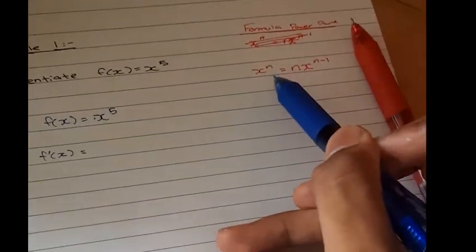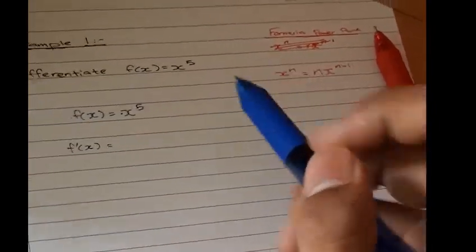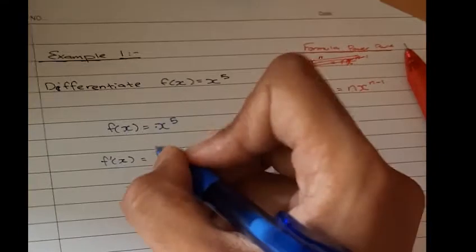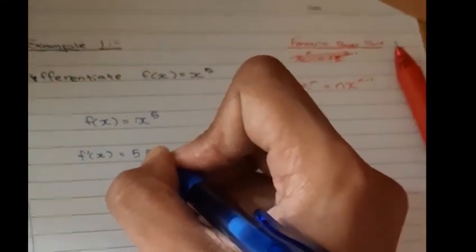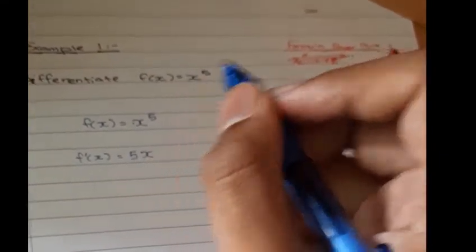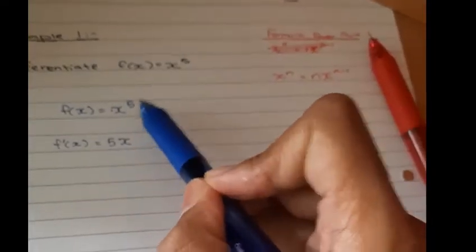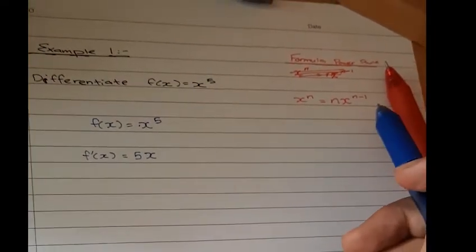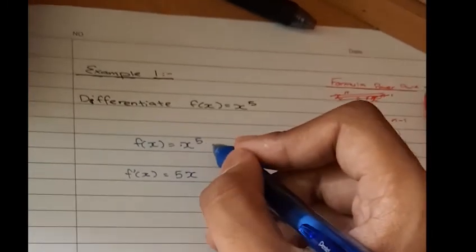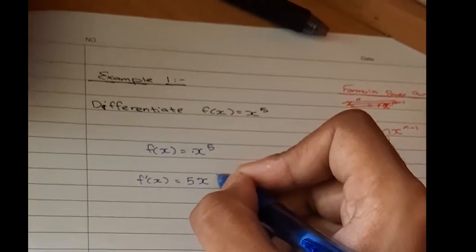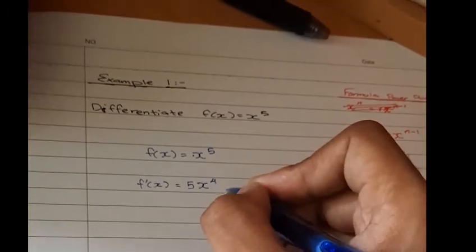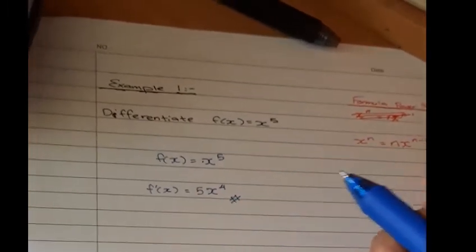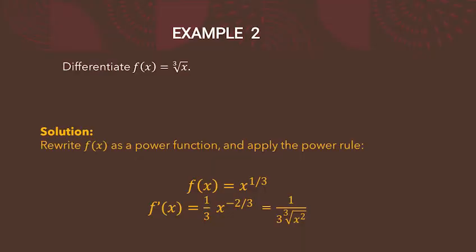So what we have to do is rewrite the n at the front, so 5, and then rewrite the x. The power we always have to minus 1, so 5 minus 1, you will get 4. So this is the answer for example 1.